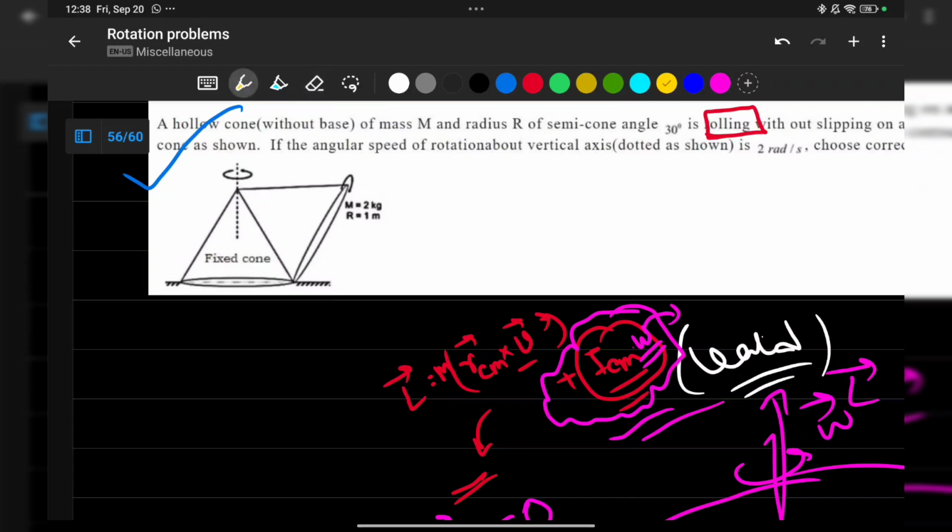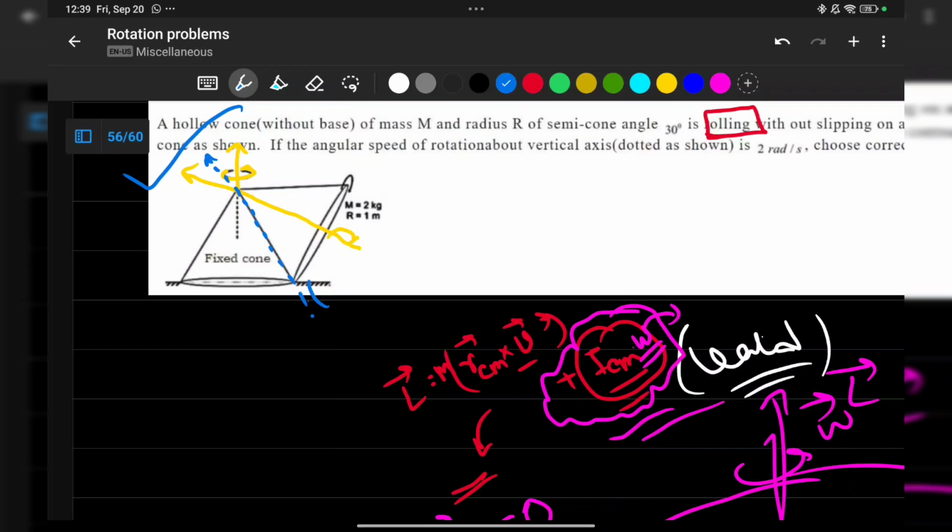This is one, and this is one. If you look carefully, it's directed about this, and it's directed about this. You can see easily that their resultant has to be along this.